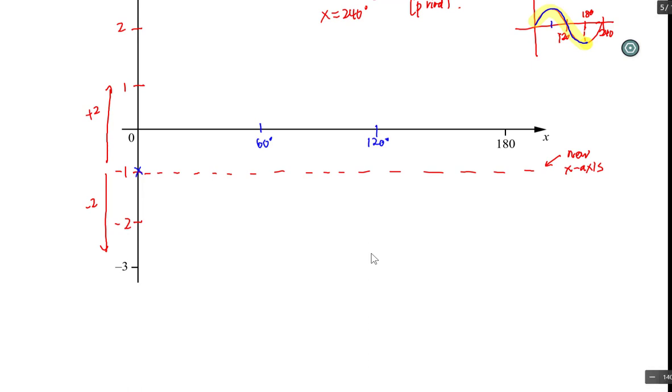I'll start from 0, go to 60, 120, 180. So from 0, I will start at negative 1. At 60, I will go to the maximum, which is 1. And then at 120, I will go back to negative 1. And then at 180, I will go to 3 here. Okay, so my graph will look something like this.